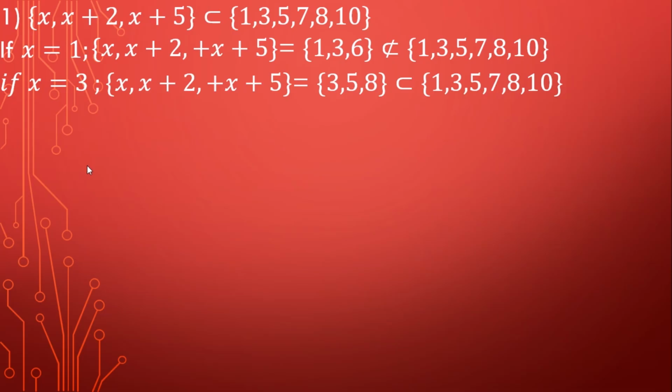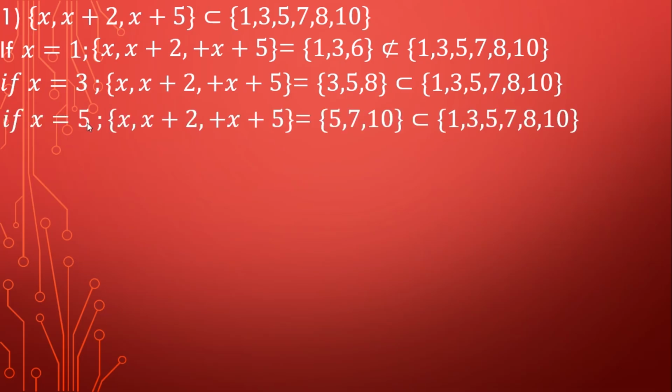If x equals 5, x plus 2, x plus 5 equals {5, 7, 10}. {5, 7, 10} is a subset. Then we have two solutions, 3 and 5.